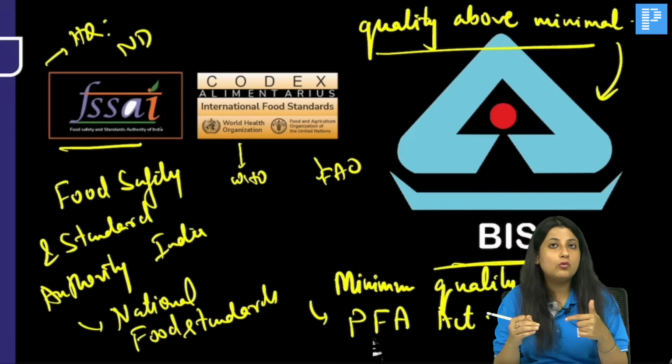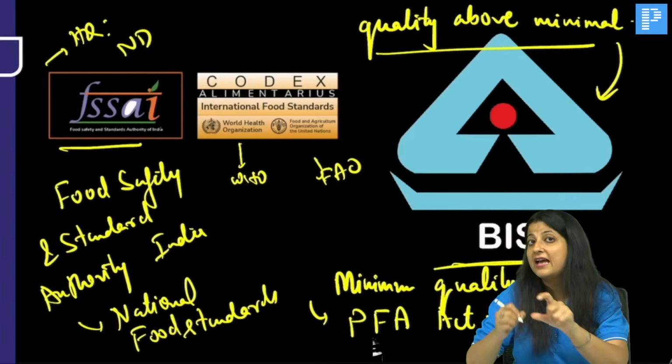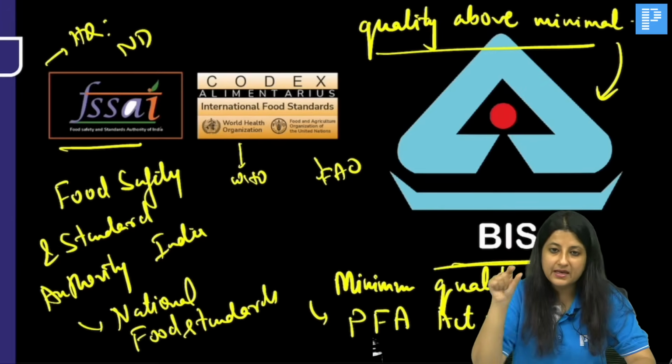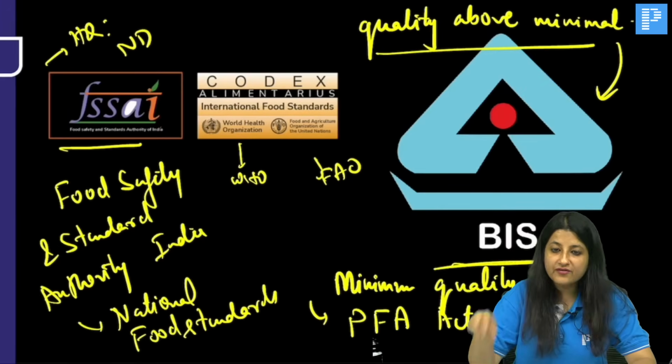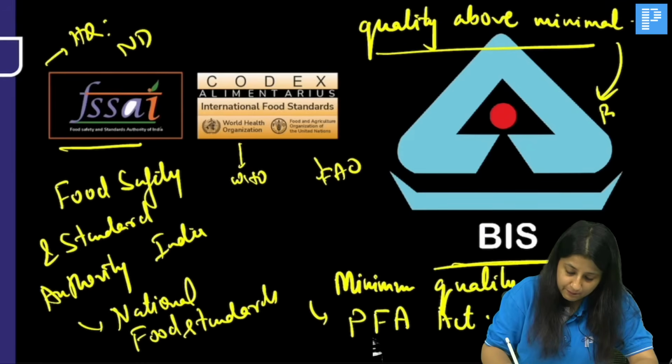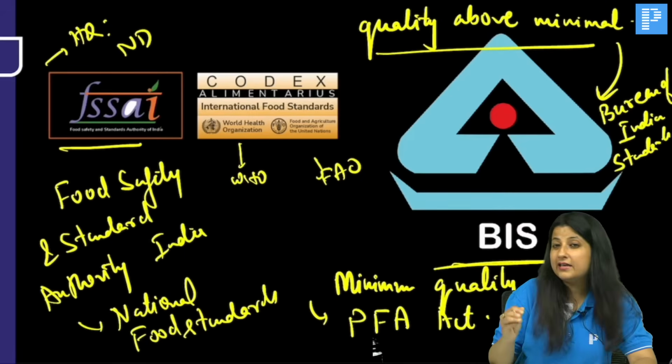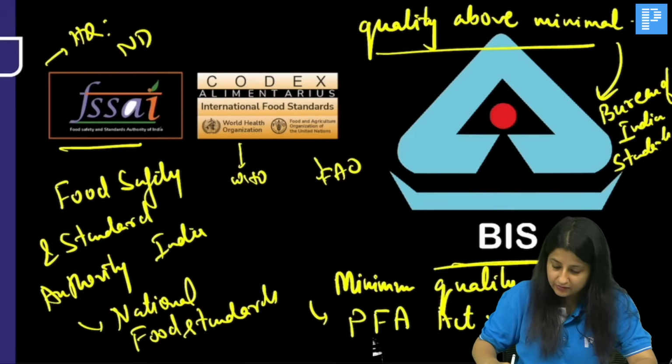But if I need quality above minimum, I have to check for the BIS mark. Am I clear, everybody? BIS is Bureau of Indian Standards. If you want quality above minimum, you have to check the BIS mark.